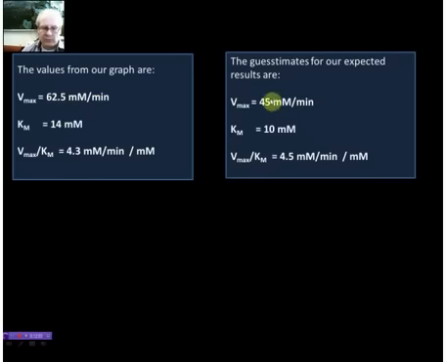Now our guesstimate was 45 millimolar per minute, so we are in the same range, but not absolutely identical. For the Km, we got 14 millimolar from the plot, and we estimated it to 10 millimolar. And Vmax over Km, we got 4.3 per minute, and in our guesstimate we had 4.5 per minute.